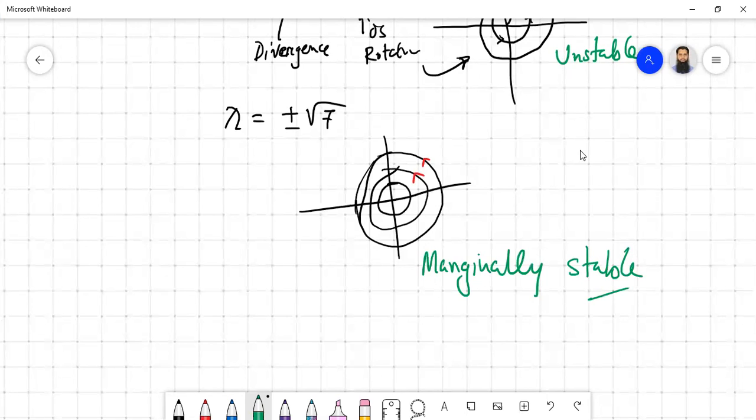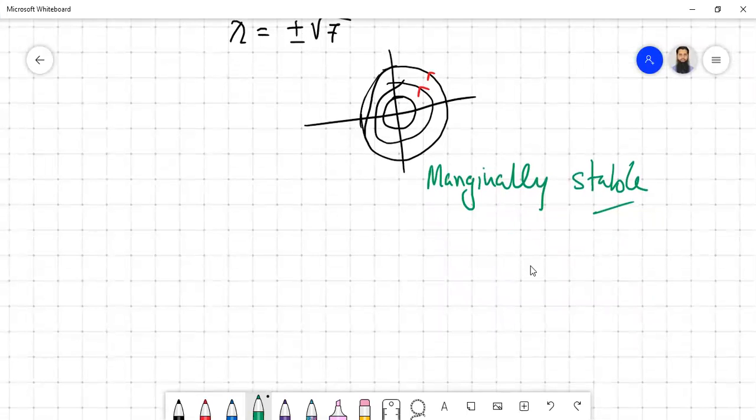So it is based on lambda values basically. There are a few other possible lambda values and how their responses are going to look, and we'll discuss all of these in the next class.